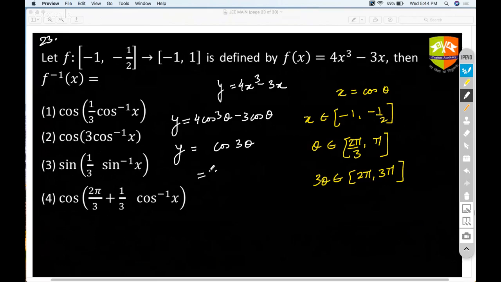Now be careful about the intervals of x. Let's say I want to take cos inverse on both the sides.